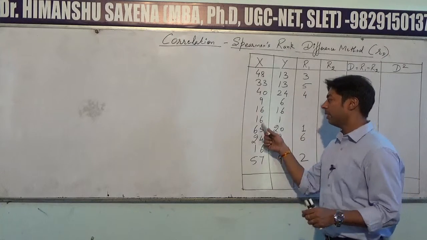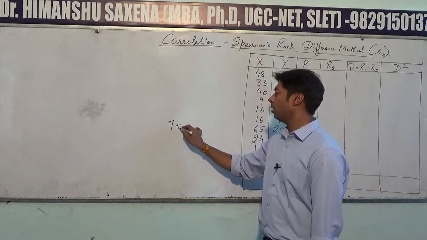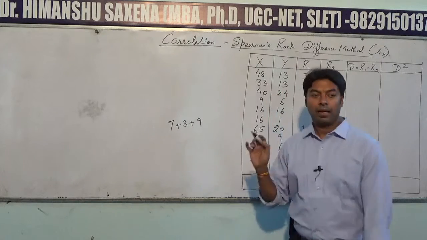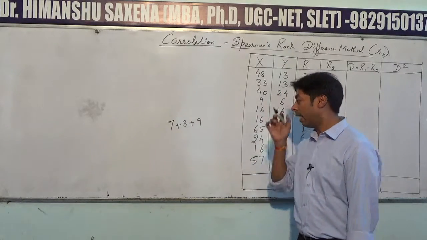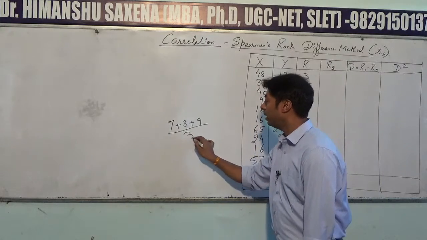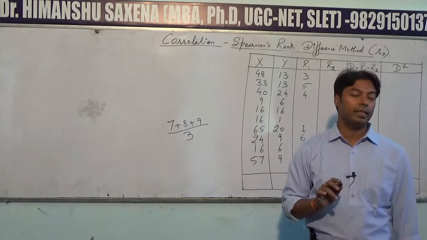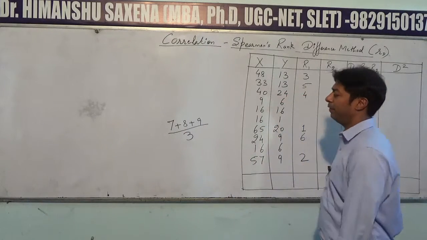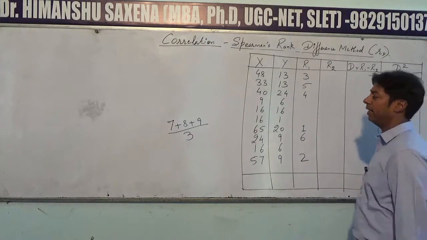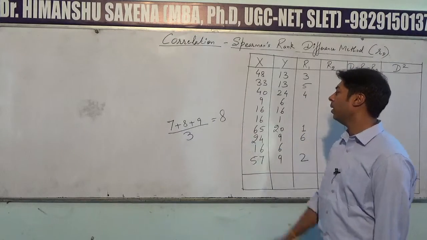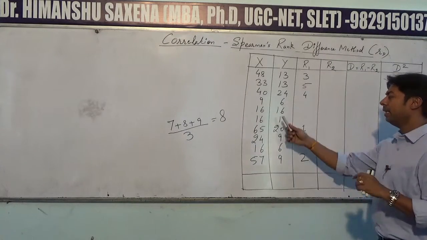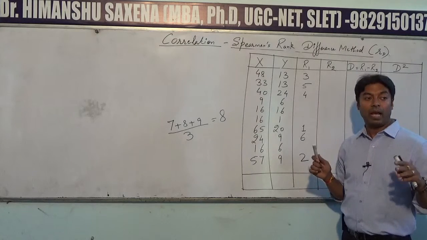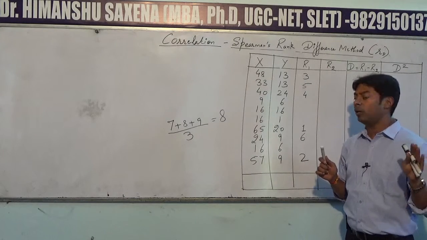Now all these 3 numbers are fighting for rank 7, rank 8 and rank 9. So we have to calculate the average of the 3 ranks. Calculating the average, 7 plus 8 is 15, plus 9 is 24, divided by 3 will be equal to 8.